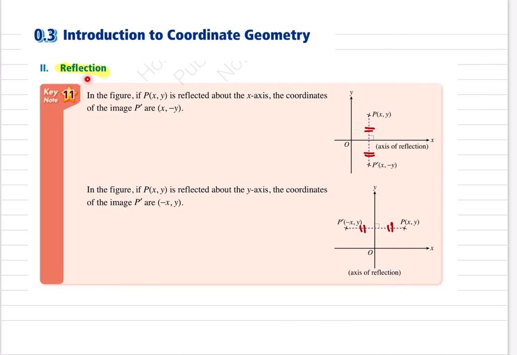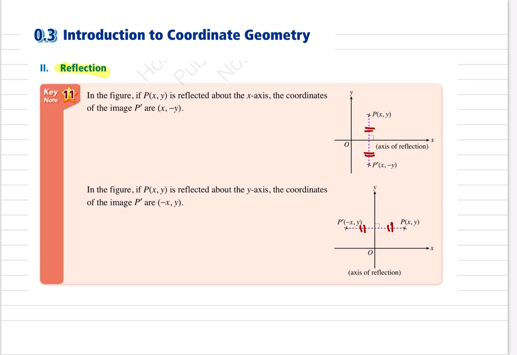How about reflection? Reflection is about reflecting about the x-axis or y-axis or some other axis or some other lines. Say in this case, it is reflected about the x-axis. That means originally the point is up above this x-axis.